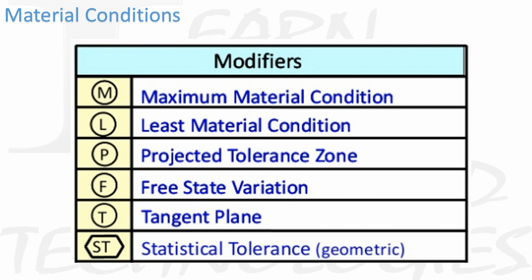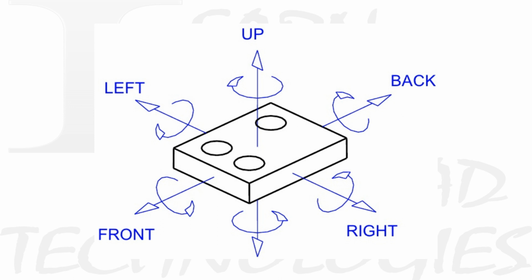So the last one is datum. Before we go to datum, we need to know what is degree of freedom. Commonly it is known that there are 6 degrees of freedom, 3 translation and 3 rotation. But in the design world there are 12 degrees of freedom because there is a positive and a negative. In this case we mention the translation and rotation based on the X, Y, Z axes.